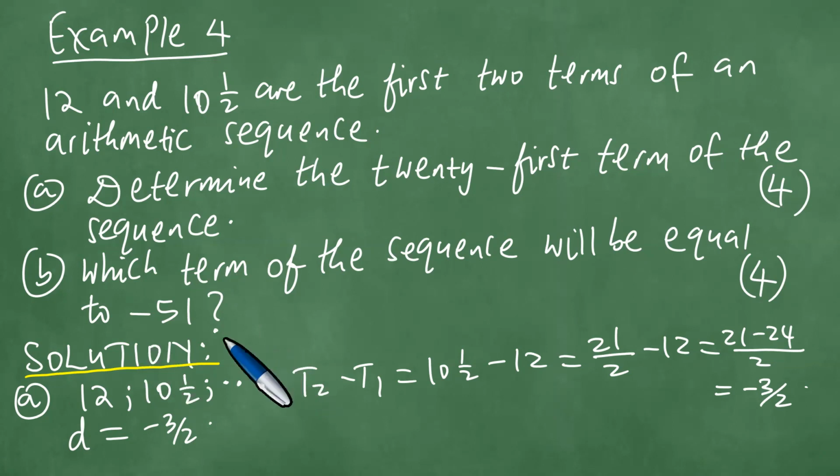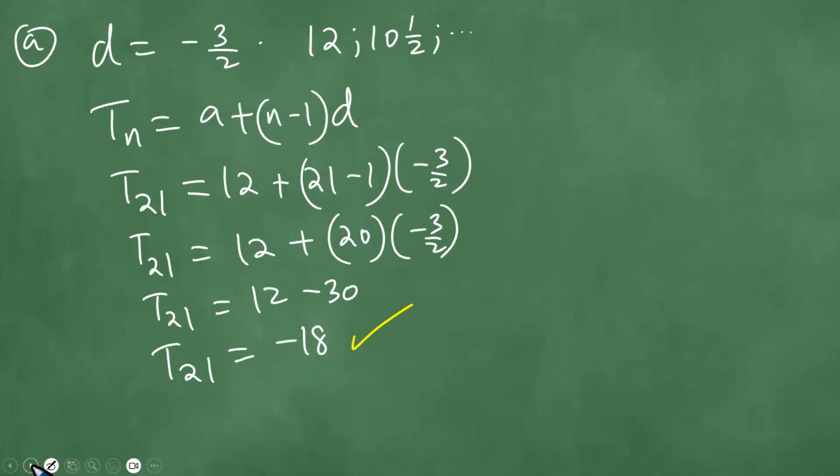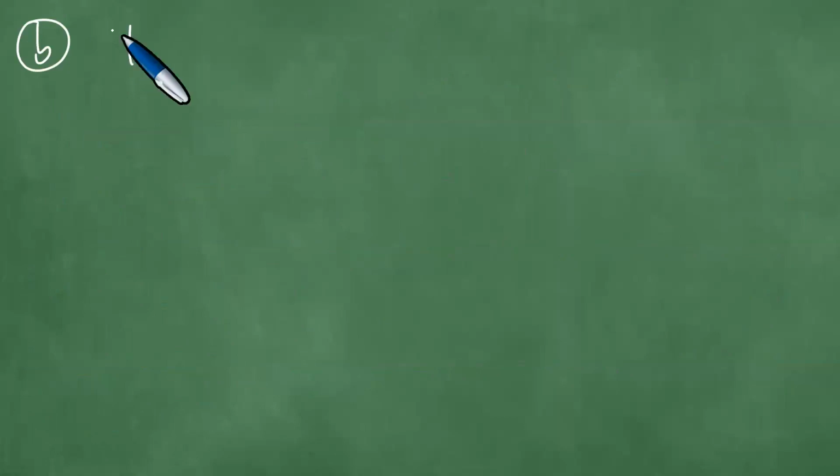So they're interested in knowing which term. Is it term number 1? Is it term number 2? Is it term number 3? Is it term number 4? In other words, there is a term that is minus 51.